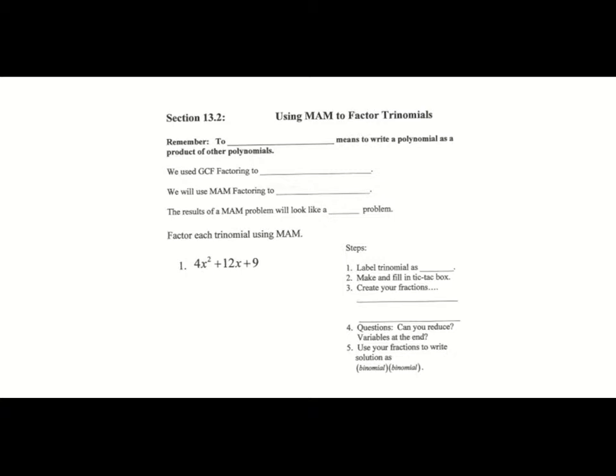Okay, the next thing we're going to look at is using MAM to factor trinomials. So remember, to factor means to write a polynomial as a product of other polynomials. When we use greatest common factor like we did in 13.1, that is used to undo the distributive property.